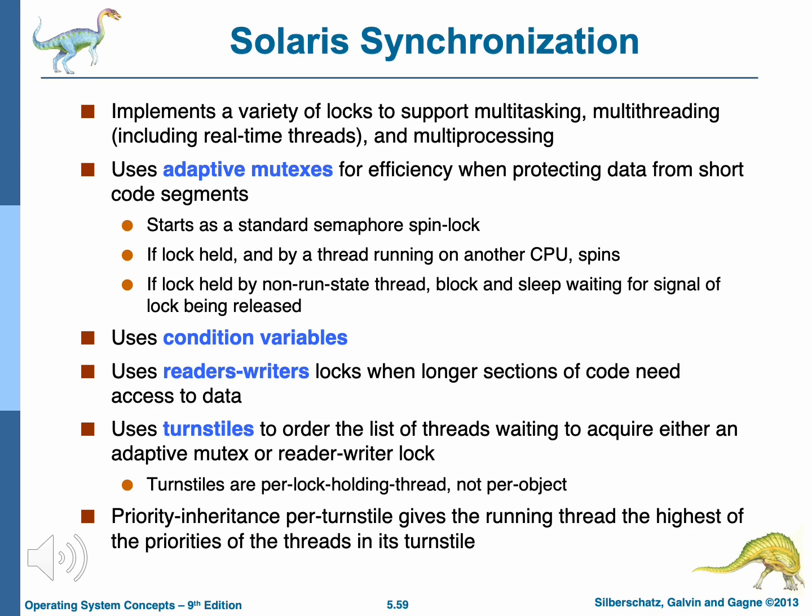However, rather than associating a turnstile with each synchronized object, Solaris gives each kernel thread its own turnstile. Because a thread can be blocked only on one object at a time, this is more efficient than having a turnstile for each object. The turnstile for the first thread to block on a synchronized object becomes the turnstile for the object itself.